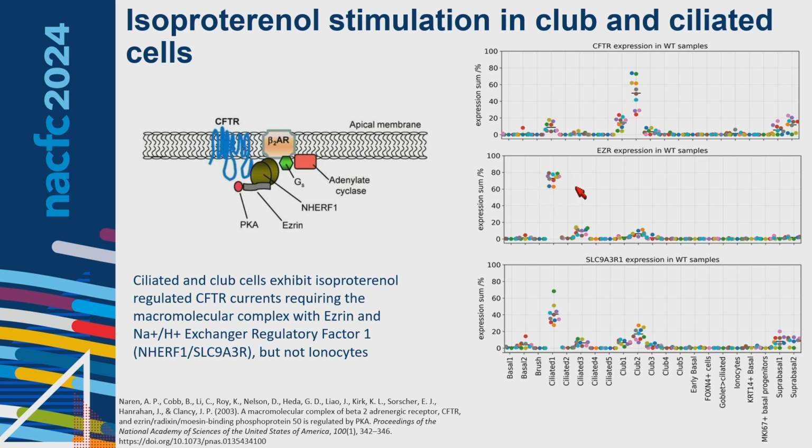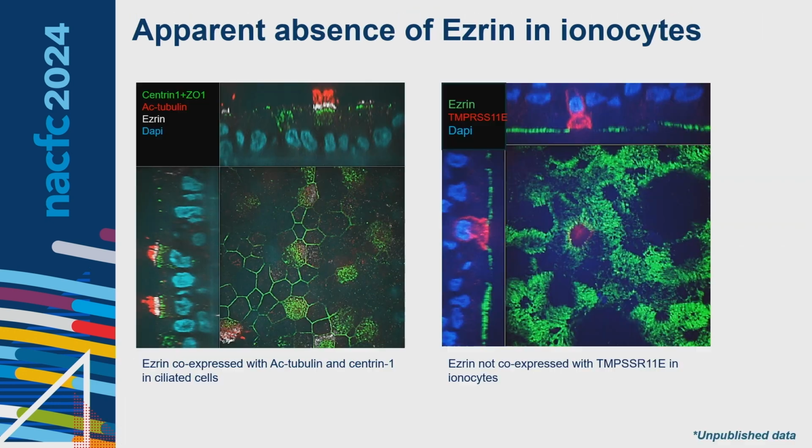We did see that this complex is highly expressed in the ciliated cells and also in the club cells. In the ionocytes, we didn't really see the presence of ezrin or the SLC9A3R1, which is also known as the NHERF1 factor.